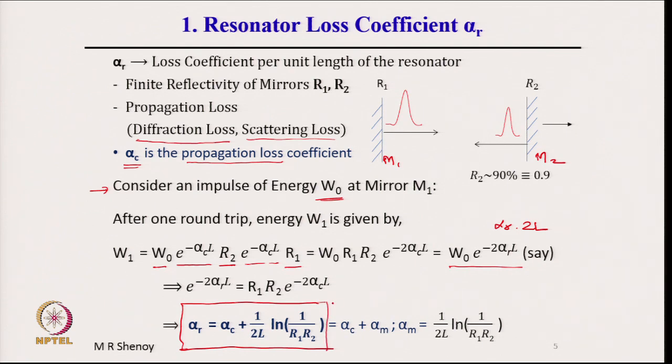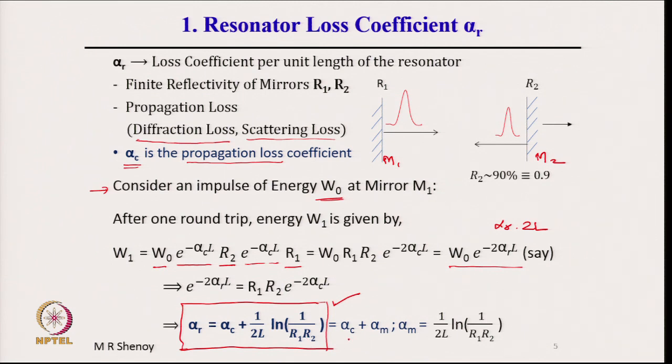This is an important expression which gives the resonator loss coefficient per unit length. Alpha c is the propagation loss coefficient, L is the length of the resonator, and R 1 and R 2 are the reflectivities of the mirrors.